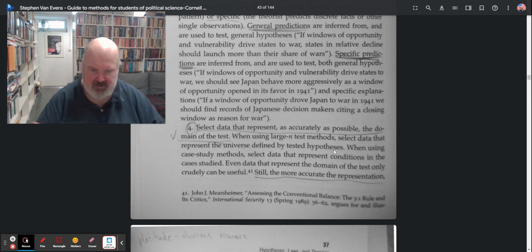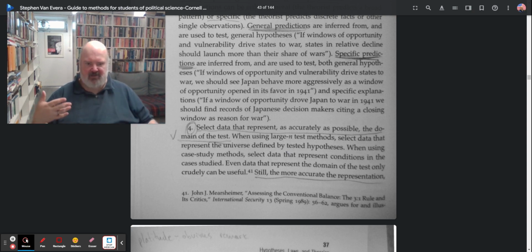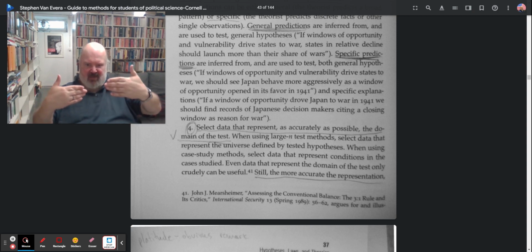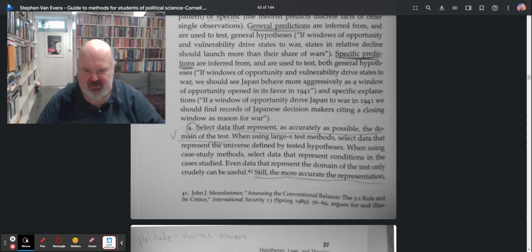In other words, the data must really represent the universe defined by this hypothesis. When using case study methods, select data that represents the conditions in the case studies. So in large-N, we select data that represents the universe defined by the hypothesis.